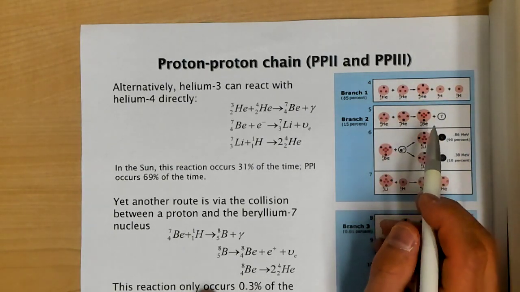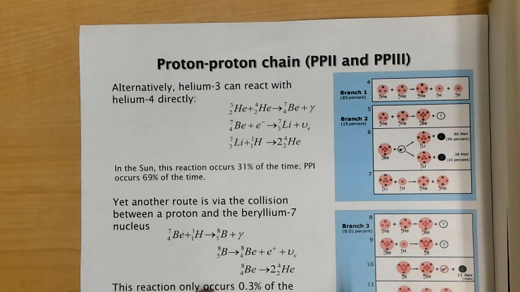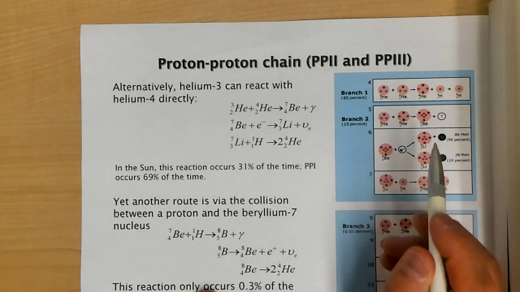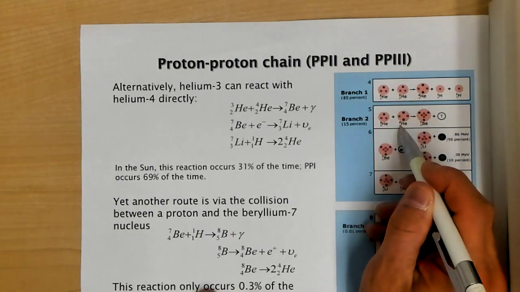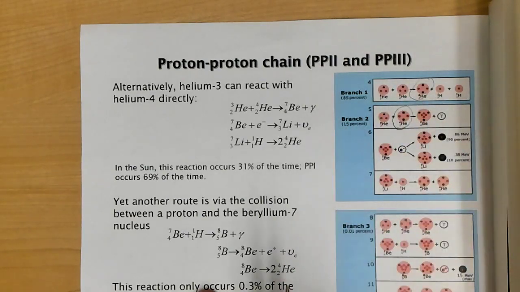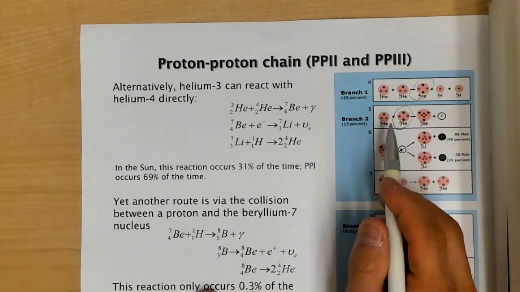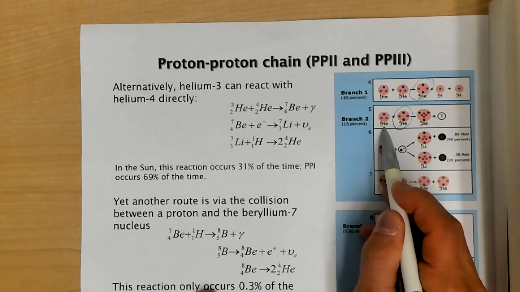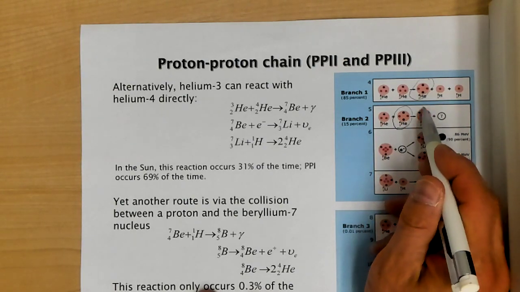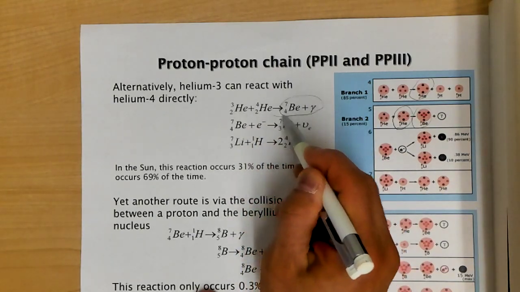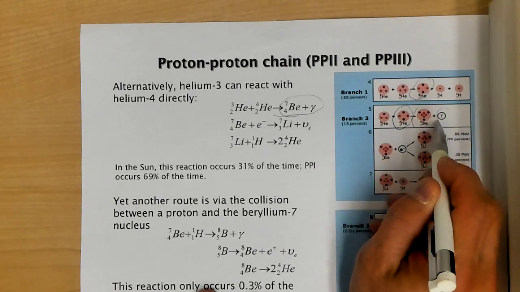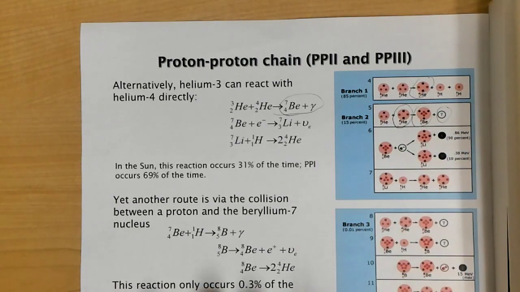But you can also do it in a different way, and you can have branch 2 where, let's say you've already produced some helium-4 in this branch 1 process. So now what you can do is take this helium-3 and hit the helium-4 and produce beryllium-7. Okay? So that's this process, but in order to conserve momentum and energy, you need to release a photon.